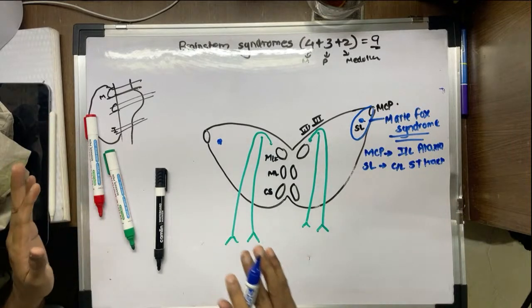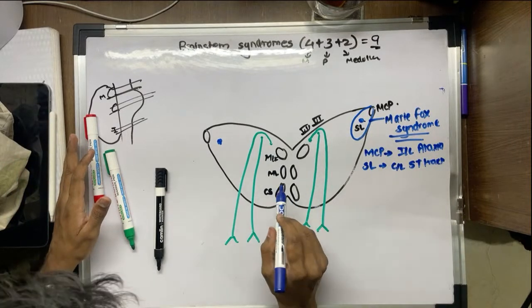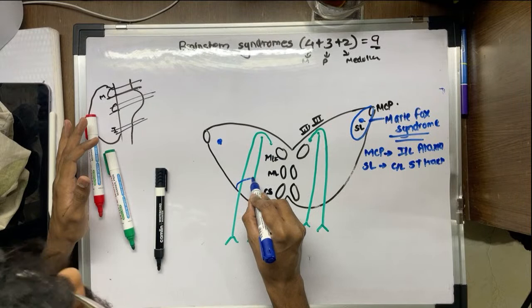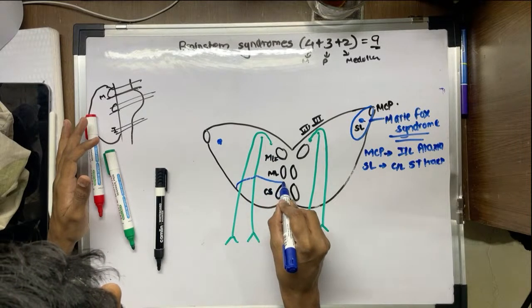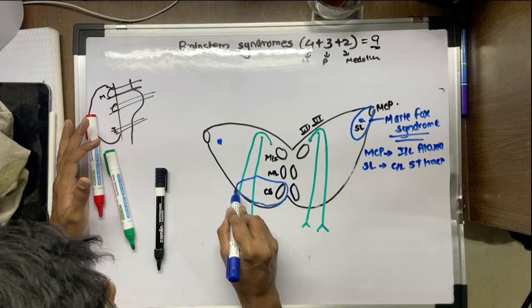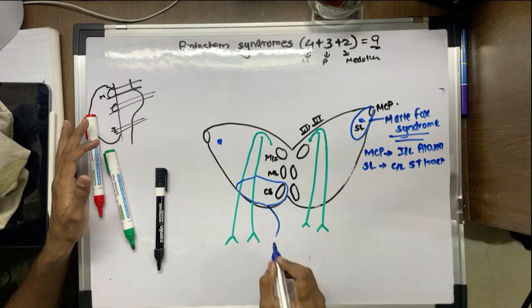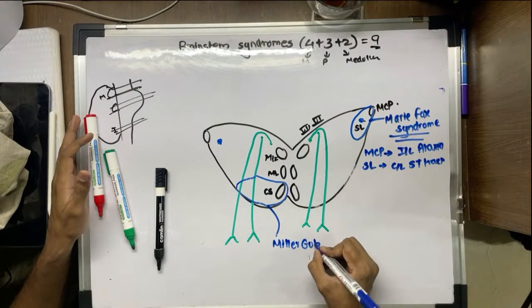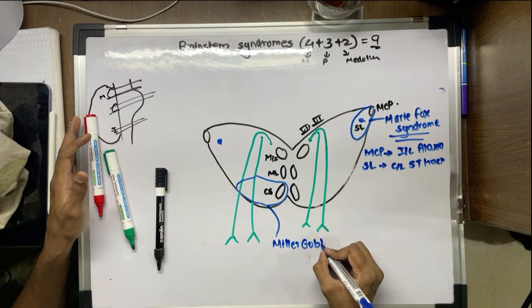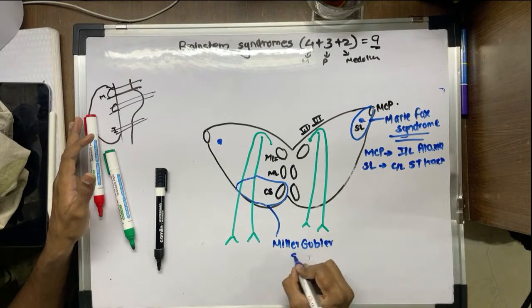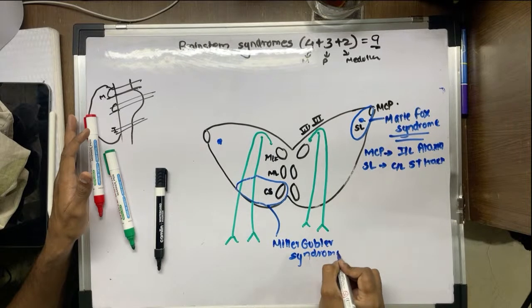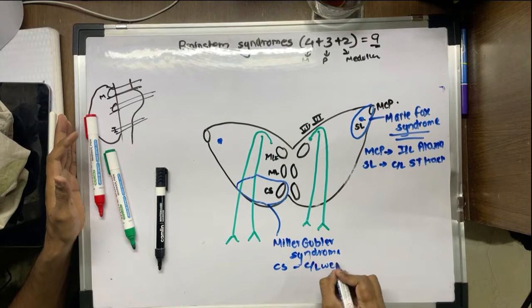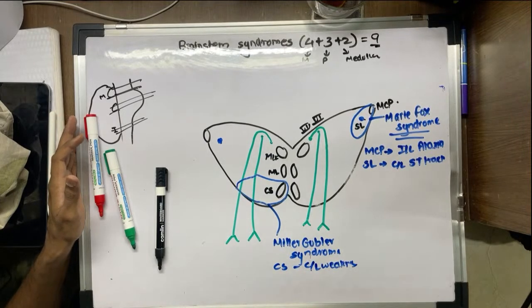This is Marie-Foix syndrome. Secondly, we'll draw a syndrome which involves this and this. So these structures are involved. We call it Millard-Gubler syndrome. I don't know if there are 2 B's or not, but it's called Millard-Gubler syndrome. As we can see, corticospinal tract involvement leads to contralateral weakness. Now, this is important.